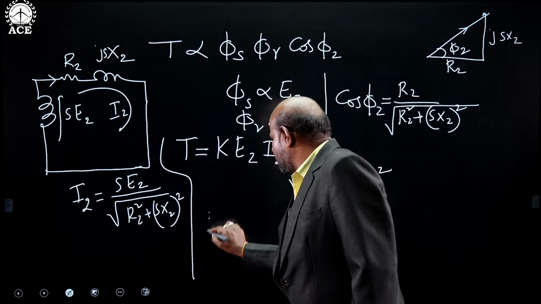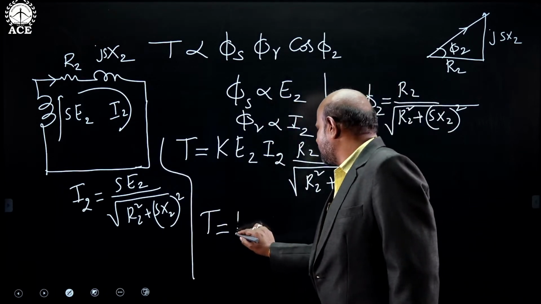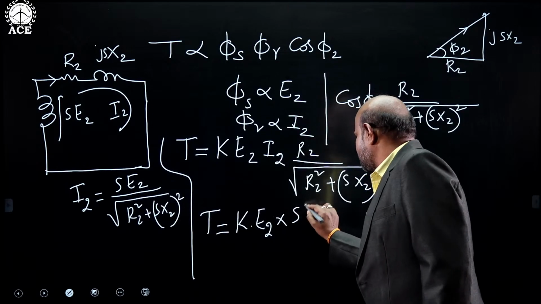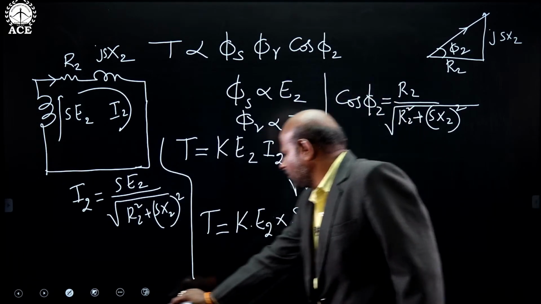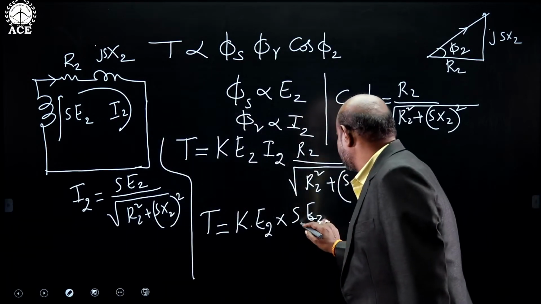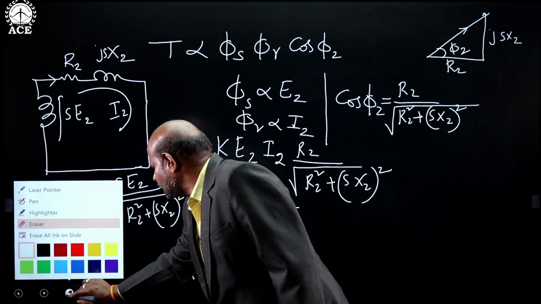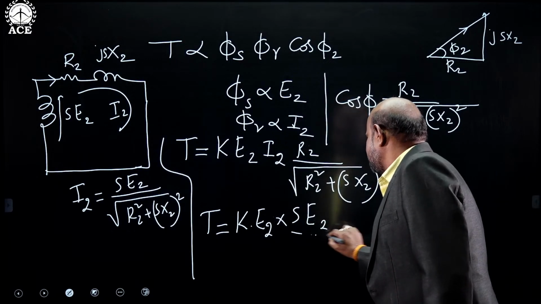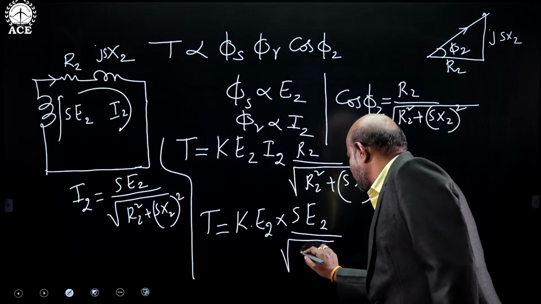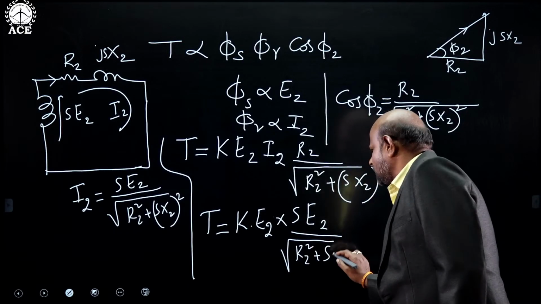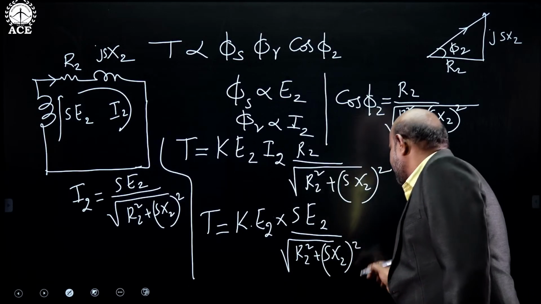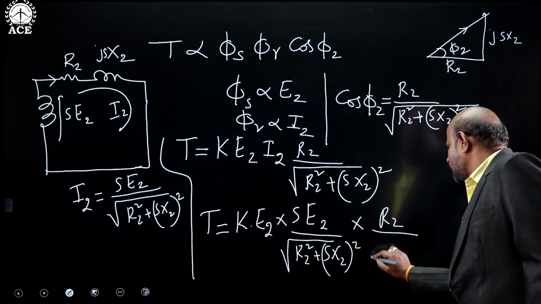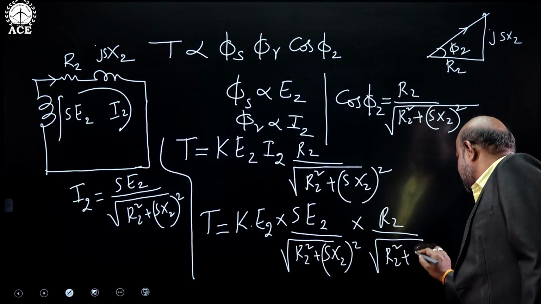So now we can resubstitute cos phi 2. From this, we're going to get torque T equal to K into E2, and I2 can be replaced by S E2 by square root of R2 square plus (S X2) whole square, into R2 by square root of R2 square plus (S X2) whole square.